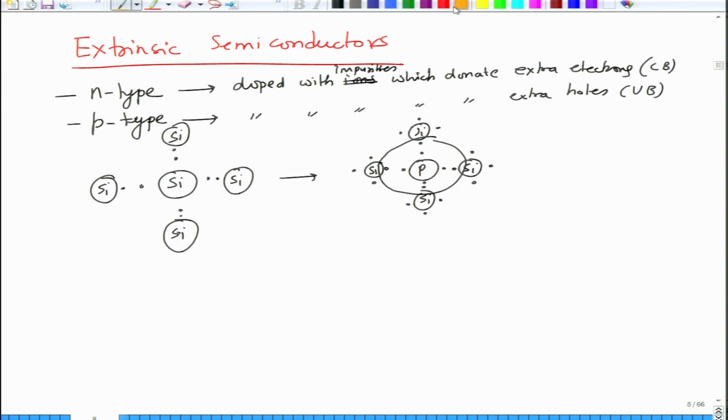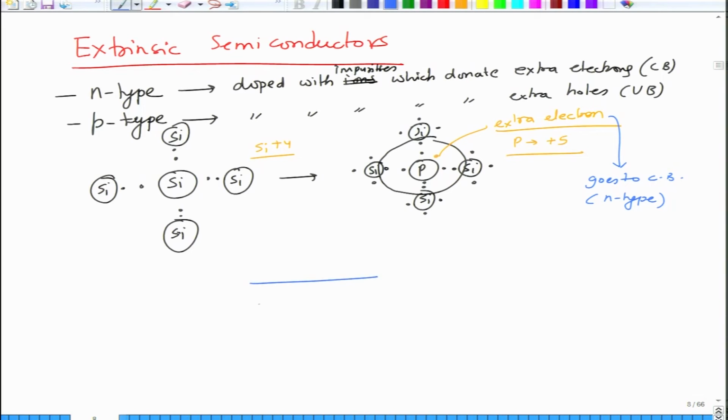But phosphorus brings an extra electron because phosphorus is a plus 5 impurity, silicon is plus 4. So this extra electron is because of the phosphorus atom, and this extra electron goes to the conduction band, leading to N type behavior.